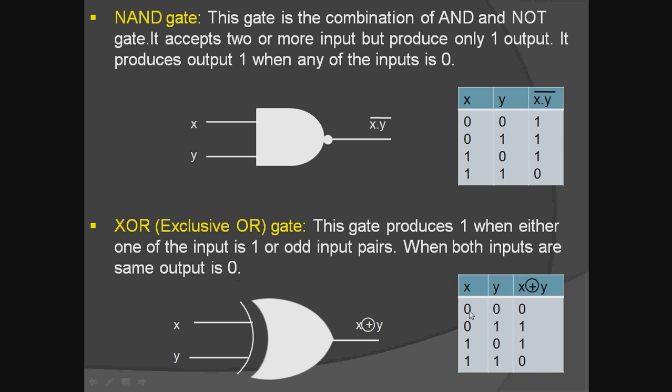So you can see here 0 0 gives 0 and 1 1 gives 0, which is represented by this symbol. Try to remember this symbol. This is the hybrid gate, which is the combination of the fundamental gate and the derived gate.